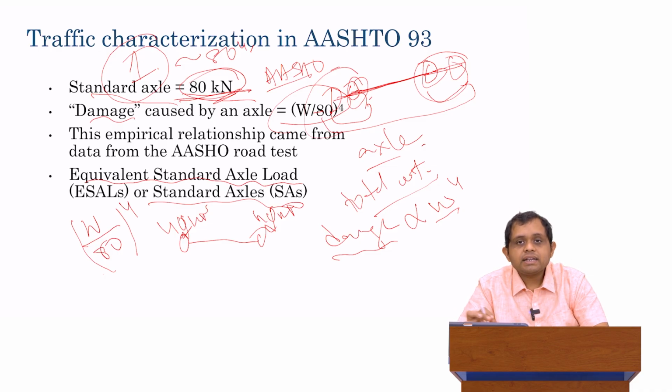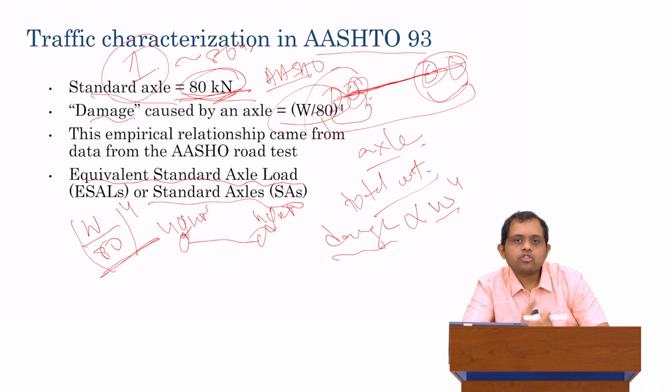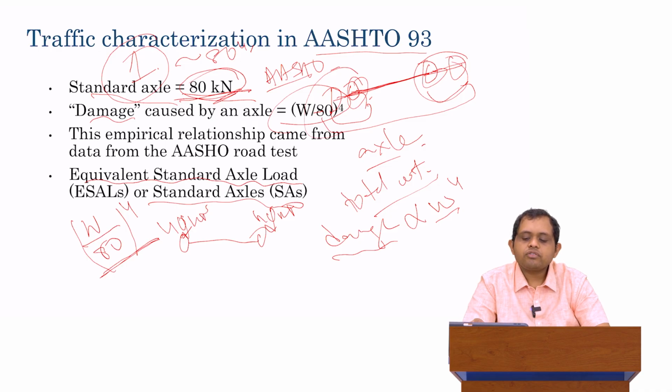This is what was empirically observed. There is no fundamental derivation for this formula. It's just based on the data collected from the AASHO road test. This is what was found, and that is then what was used to characterize traffic. So in the AASHTO 1993 approach, all that was collected is you had to figure out what were the different axle loads on the road: what proportion of axles were 80 kilonewtons, what proportion were 120, what proportion were 100, etc. They were all converted into the number of repetitions of the so-called equivalent axle or standard axle.